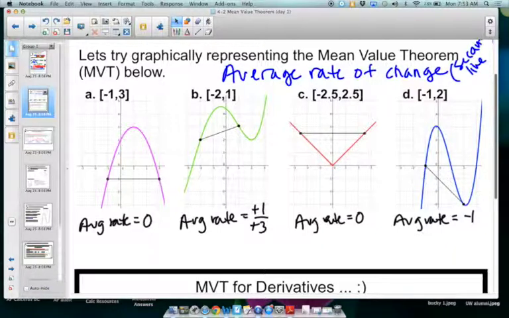Go ahead and try to do that in just a real quick 15 seconds. Can you quickly just sketch them?